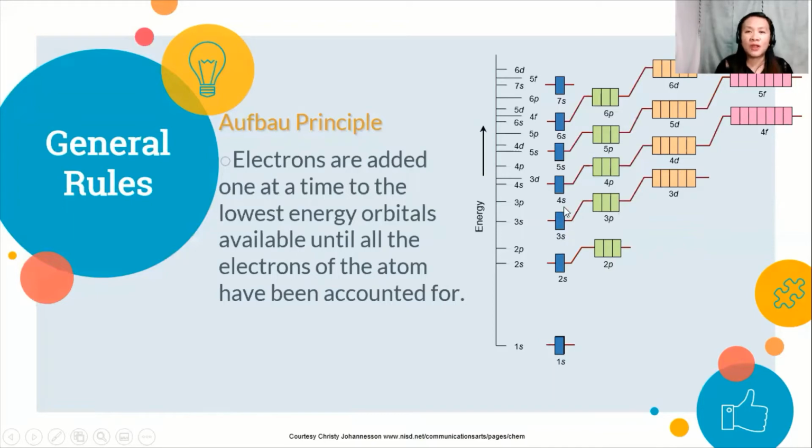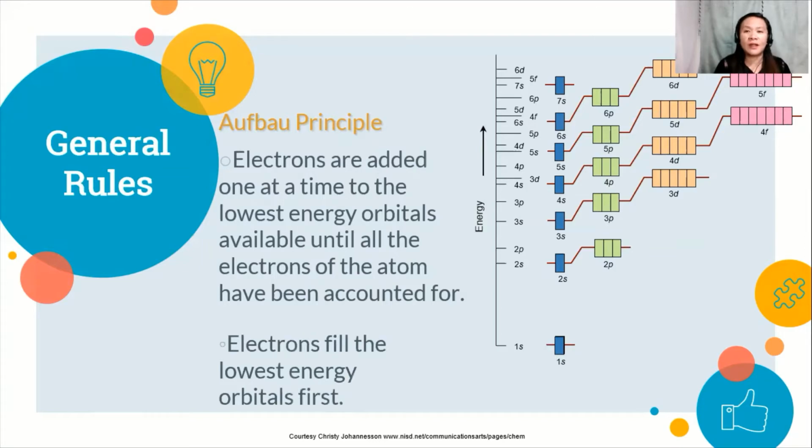Then we go to 3s, 3p, and then we go to 4s before going back to 3d. Then we go to 4p, then 5s, then 4d, and so forth and so on. So again, how do we do that? We just follow the diagonal rule that we have discussed in getting the electron configuration.